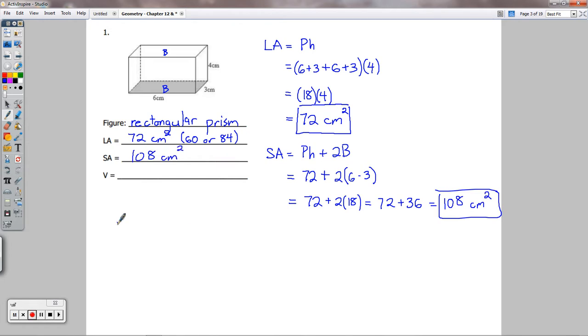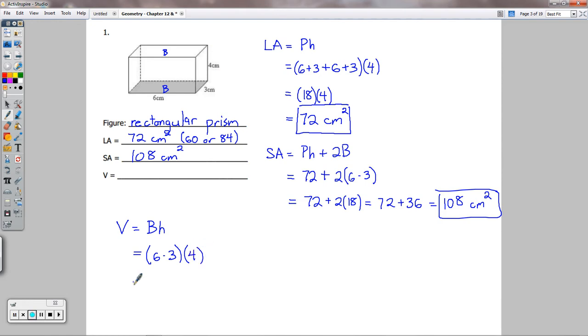And then the volume is going to be the area of the base times the height. That works for any prism. For a rectangular prism, the base area is length times width, or base times height. So you'd have 6 times 3 as the area of the base, times the height, which is 4.